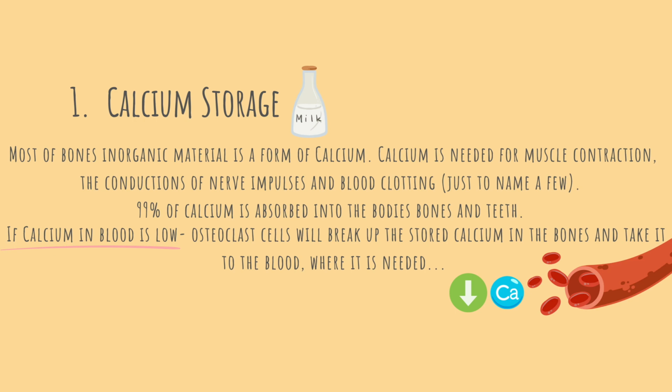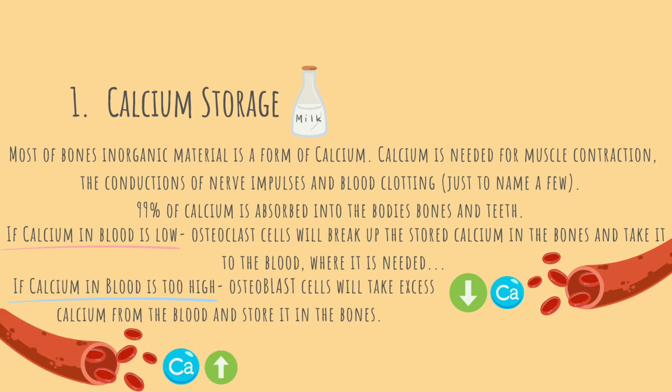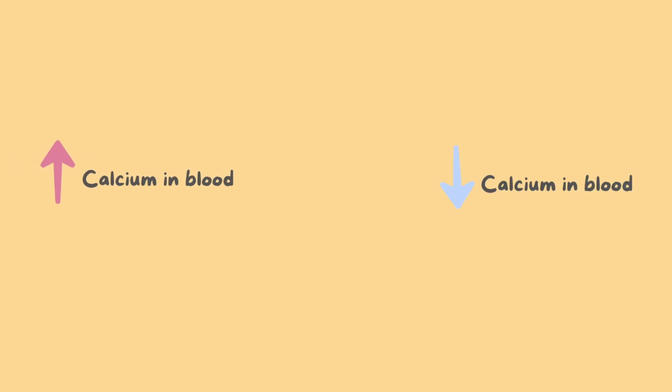And this, of course, will raise blood calcium levels to an appropriate level. If calcium in the blood is too high, osteoblast cells will take the excess calcium from the blood and store it in the bones.